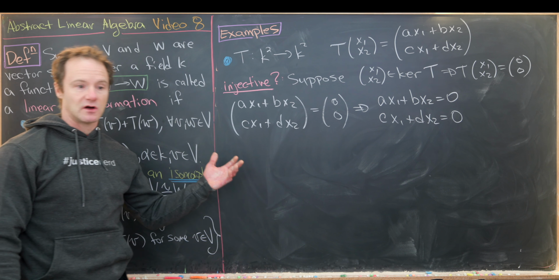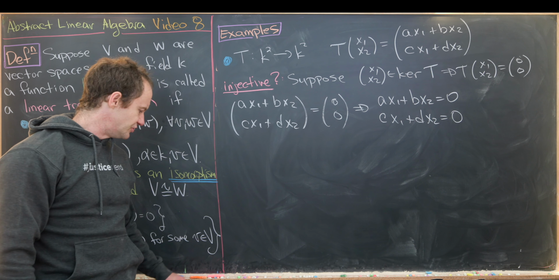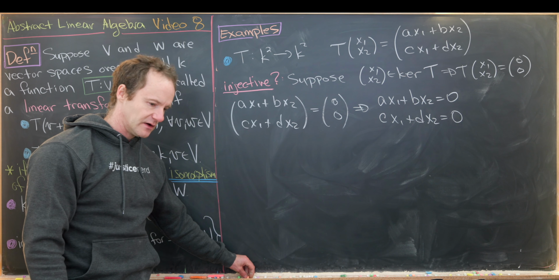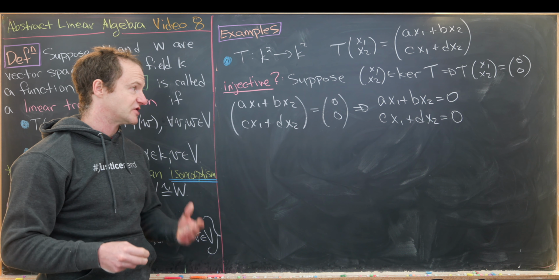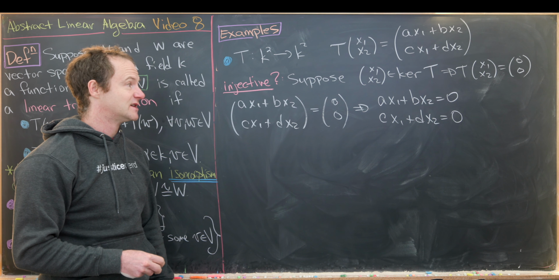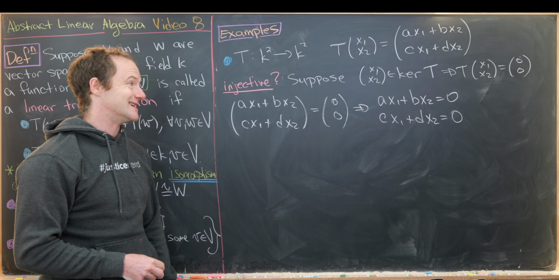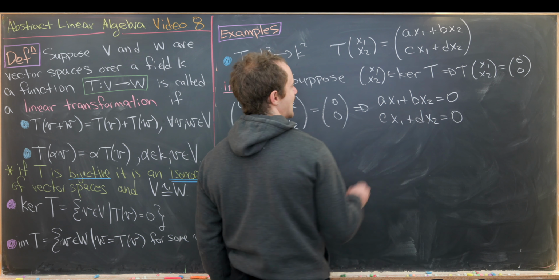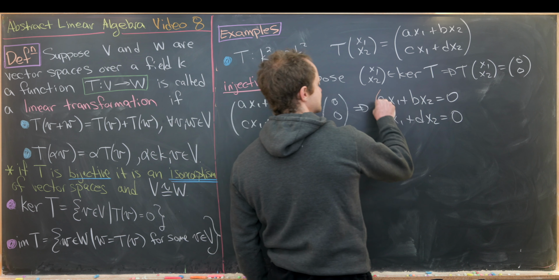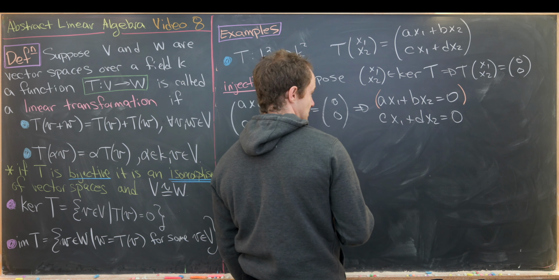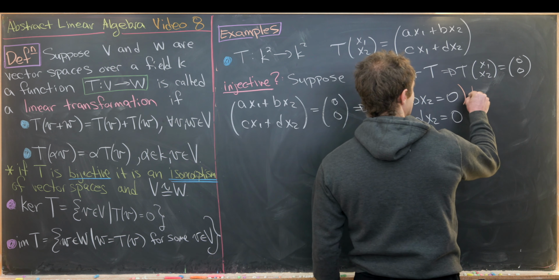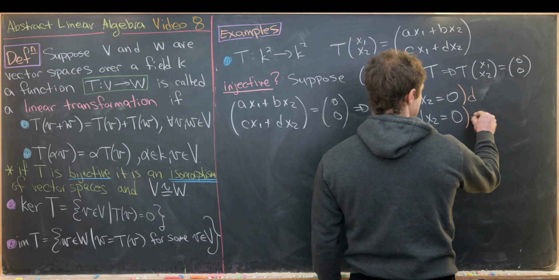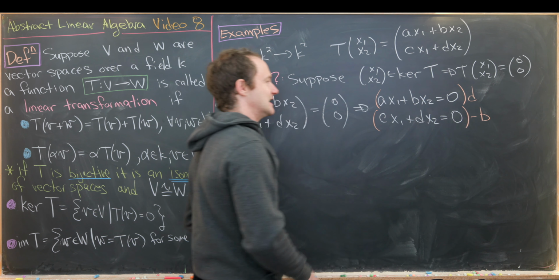Now, how might we solve this? We'll do some sort of combination of these two equations until we can get one of the variables by itself. So let's see if we can get rid of the x2 component. Let's take the first equation and multiply it by d, and take the second equation and multiply it by negative b.